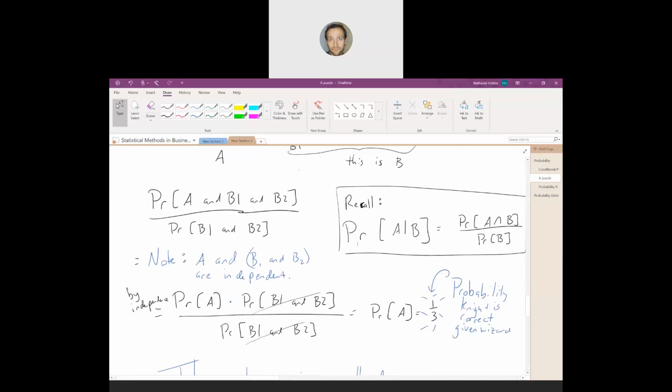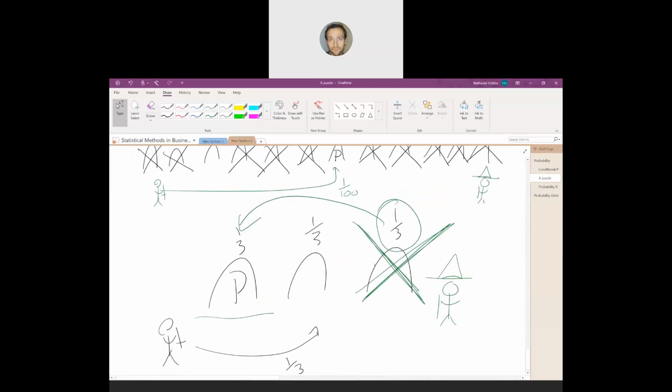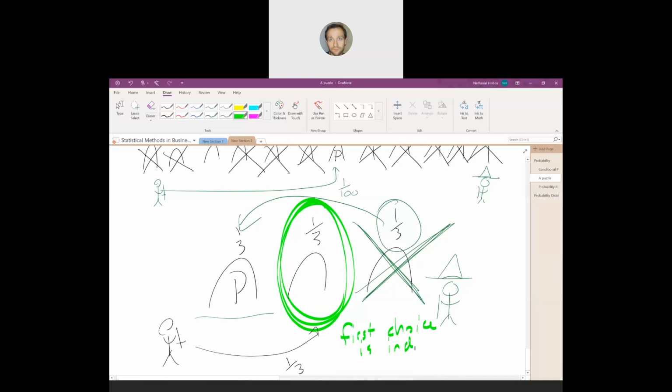There's a number of ways you can argue this, but the thing that's a little hard to convey is why the first choice is independent of the wizard.